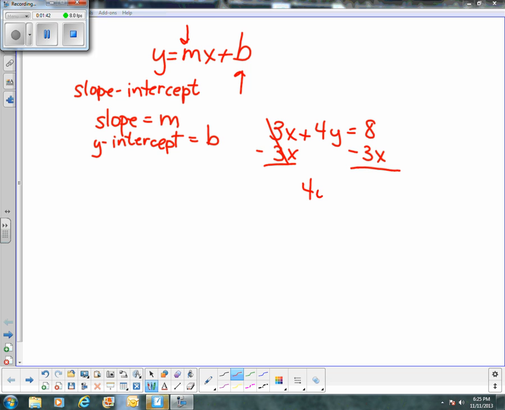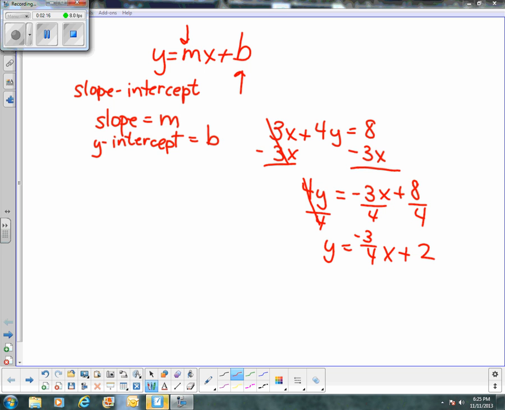That leaves us 4y equals negative 3x plus 8. Notice that I put the negative 3x in front of the 8 instead of after it so that it's in the right form. Next, I need to isolate y, and I do that by dividing everything by 4. y equals negative 3/4 x plus 2.